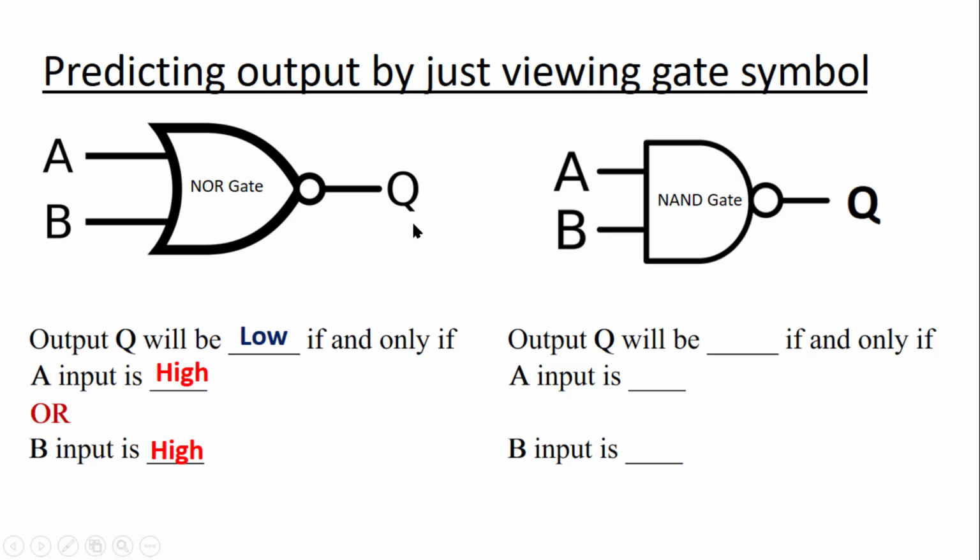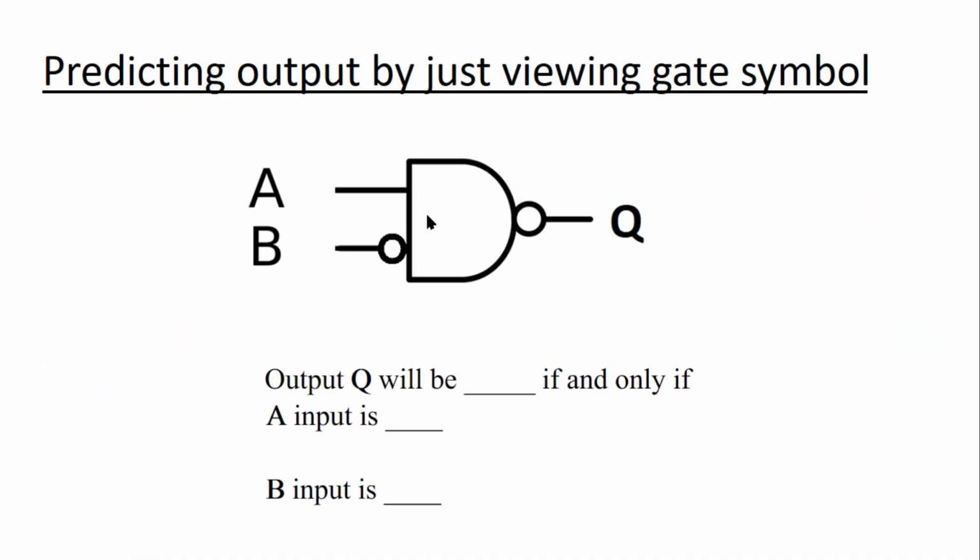So it's basically the opposite. Similarly, over here, this AND gate has a bubble at its output. So this will be a NAND gate, not an AND gate. So output Q will be low if and only if input A is high and input B is also high. So it's also practically the opposite.